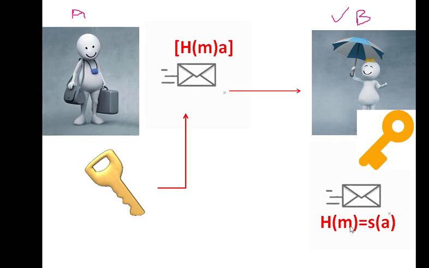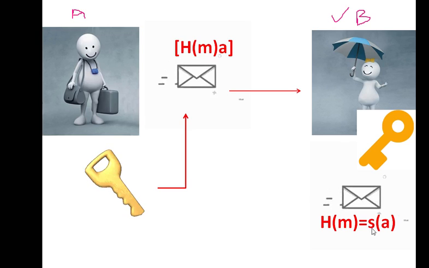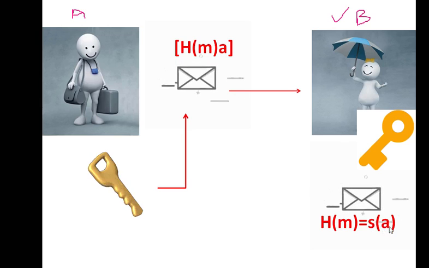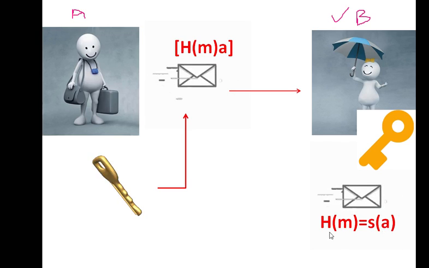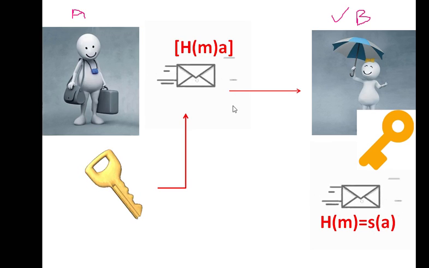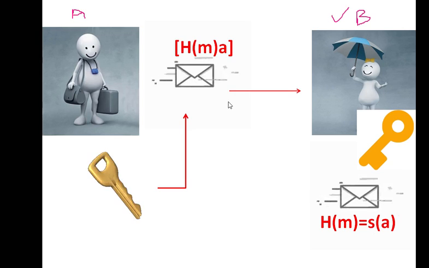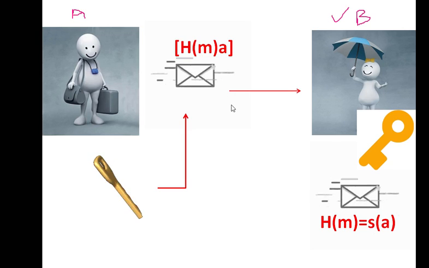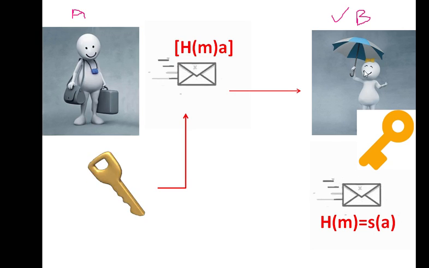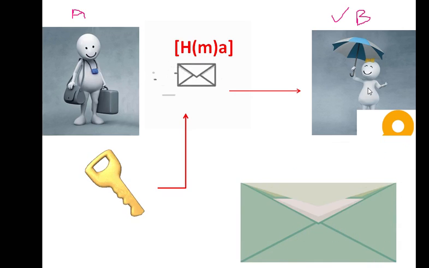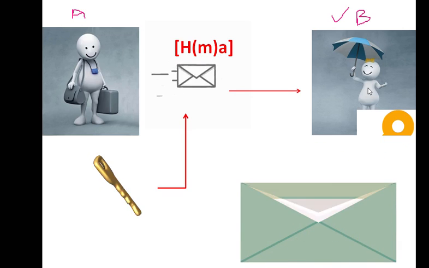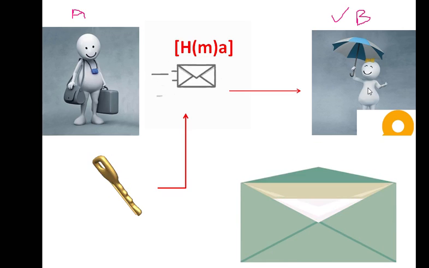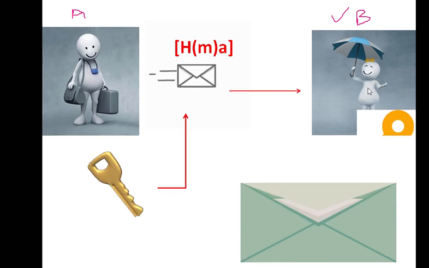Hash of message is equal to signature of person A. If both are matching, then this message is not altered, it's digitally signed. So in that way, receiver B will open his message. So this is what we can say about digital signature.